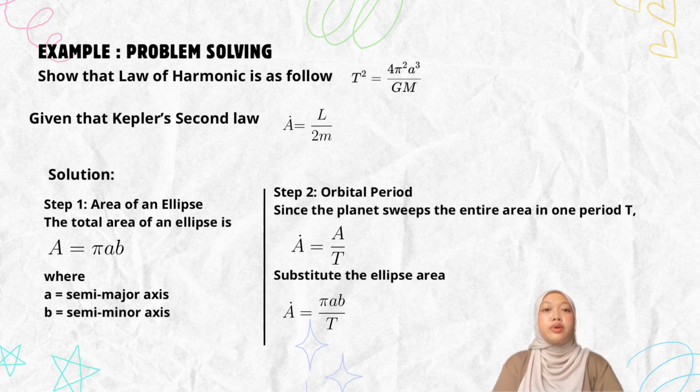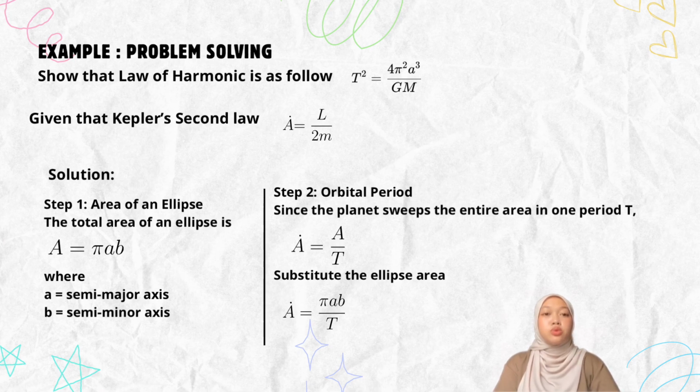Step 1, we have to calculate the area of the ellipse. The total area of an ellipse is given by A equals pi times a and b, where a is the semi-major axis and b is the semi-minor axis.